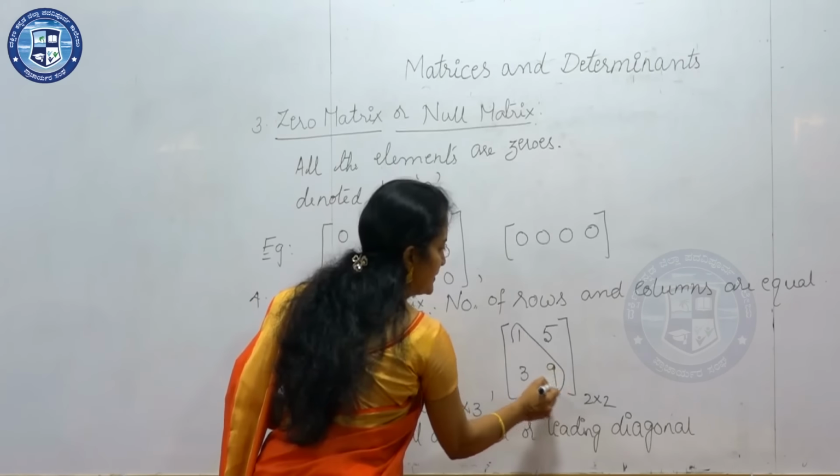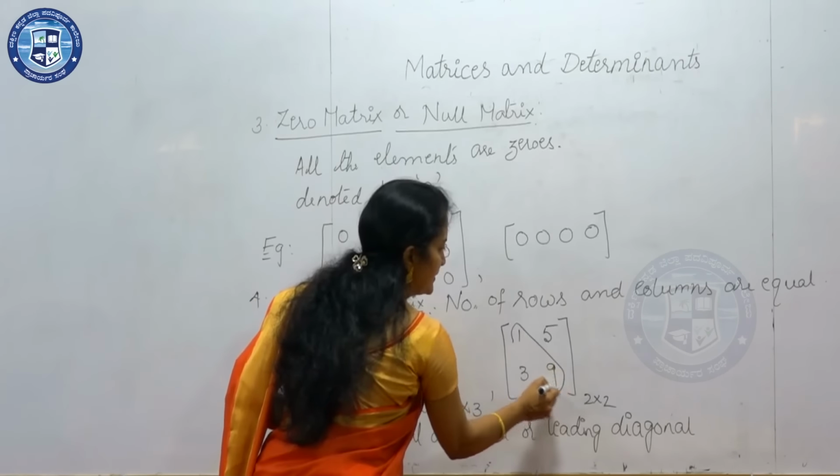Next is a diagonal matrix. Diagonal matrix is a square matrix in which all the elements except diagonal elements are zeros. We can understand it by example. First I will take a 3 by 3 square matrix in which the diagonal elements are, suppose, 1, 3, minus 5. Non-diagonal elements must be zeros.